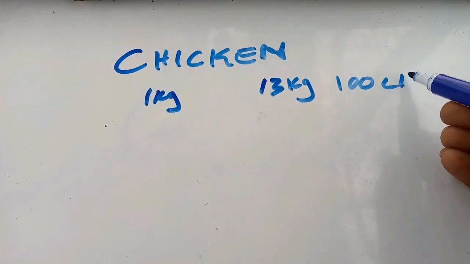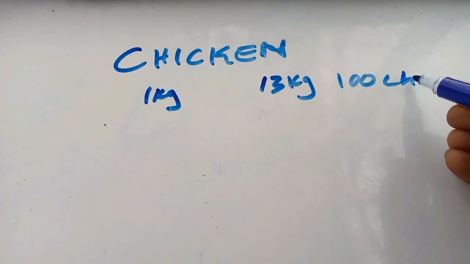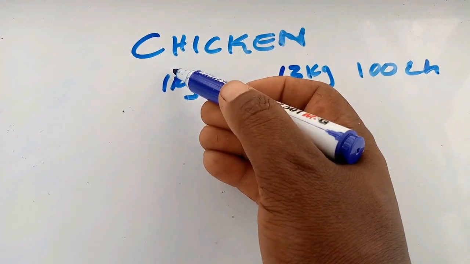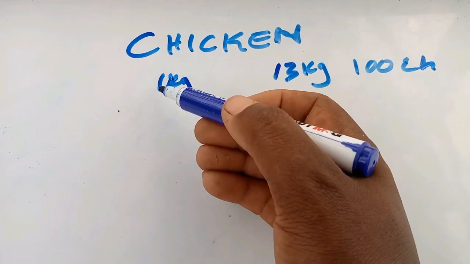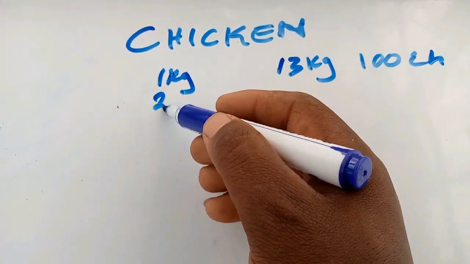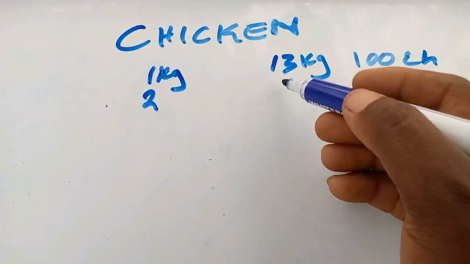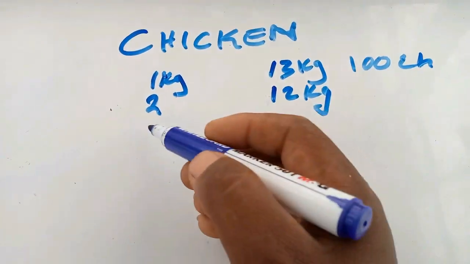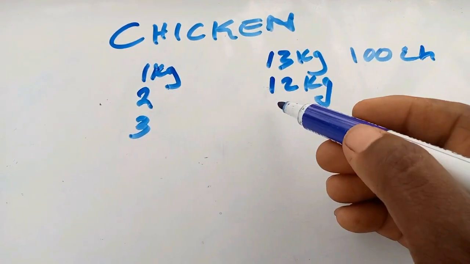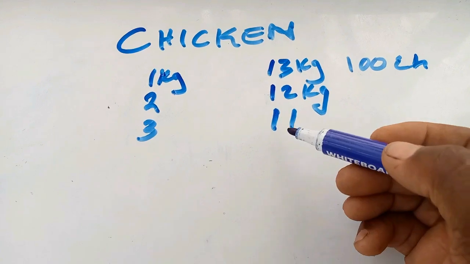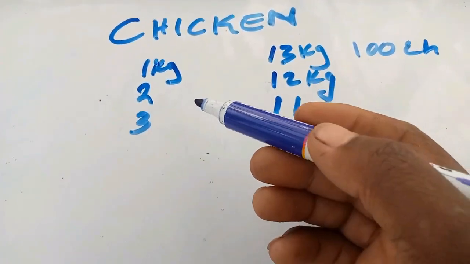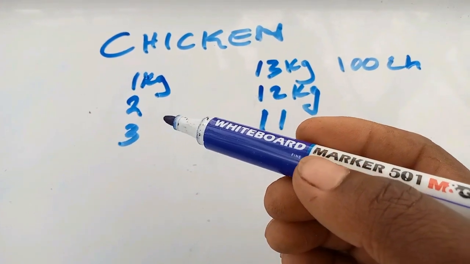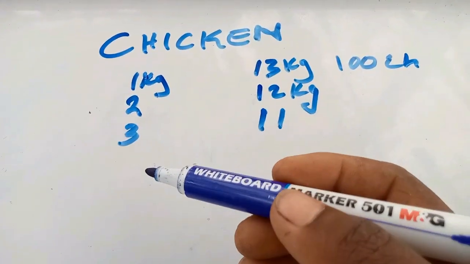You must be careful. When they finish the 1 kg completely, you can add 2 kg fodder at 12 kg of feed, 3 kg fodder at 11, until you get to your required amount of fodder.